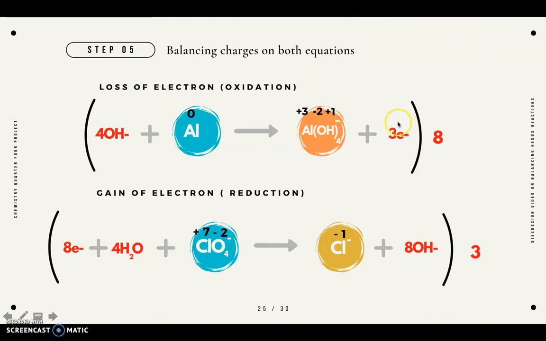Oxidation has 3 electrons and reduction has 8. So we will refer to the least common multiple of 8 and 3, which is 24. Thus, we will multiply the oxidation half reaction by 8, and we will multiply the reduction half reaction by 3 to get 24 electrons overall.